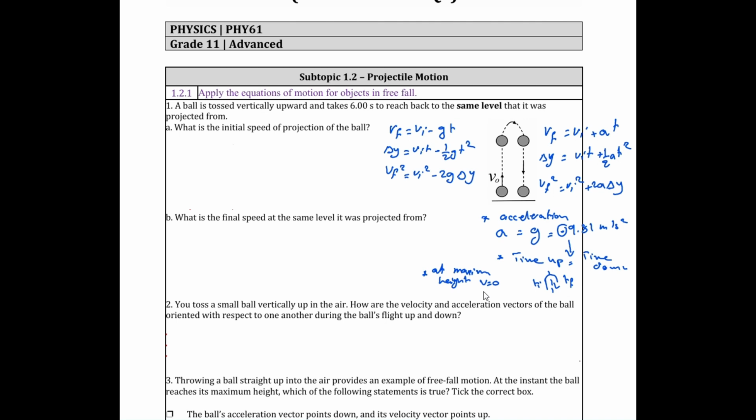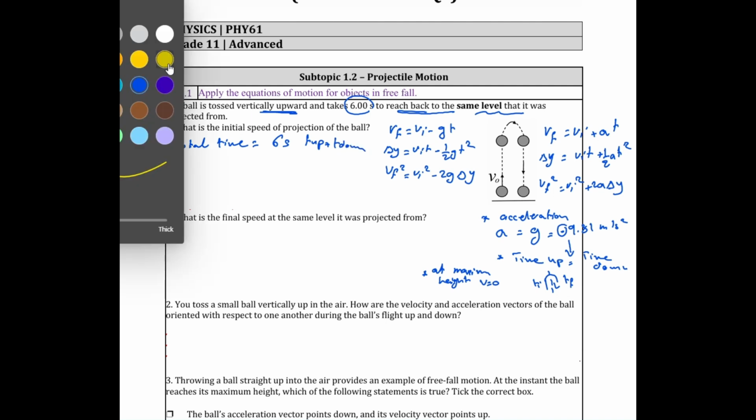If we put this into consideration, let's talk about the question. A ball is tossed vertically upward and it takes 6 seconds to reach back to the same level that it was projected from. This means that the total time equals 6 seconds, which is time up plus time down.